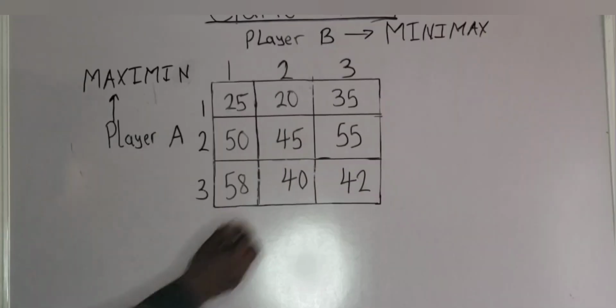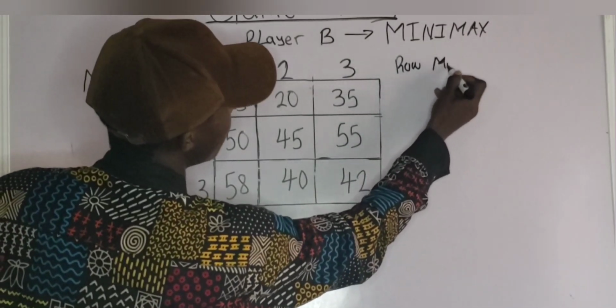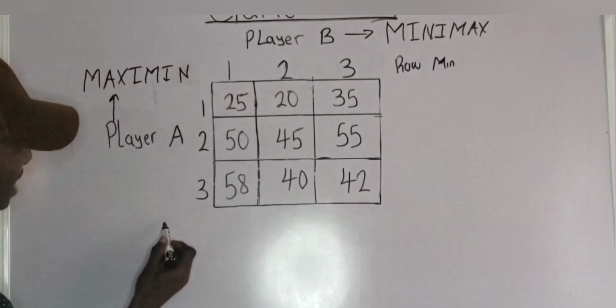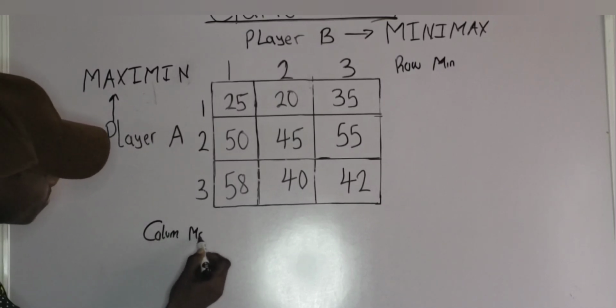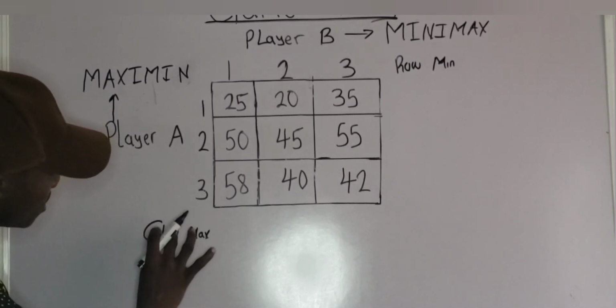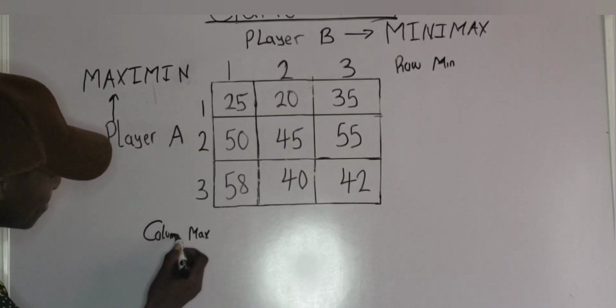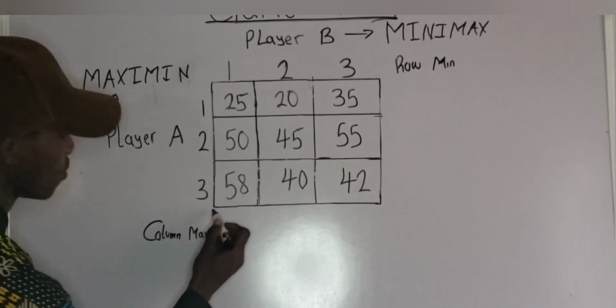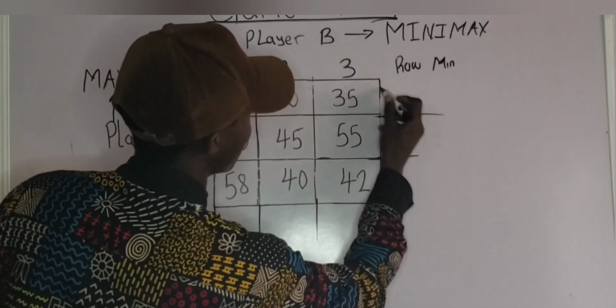Do you understand? So on this side, I'm going to have the row minimum, and on this side, I'm going to have the column maximum.